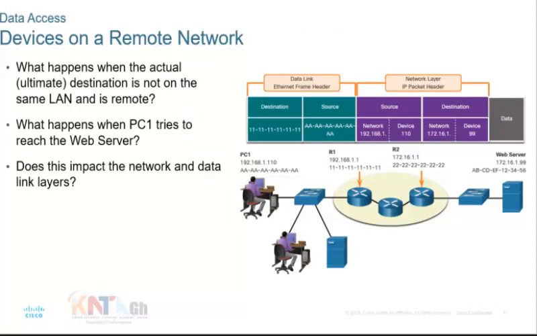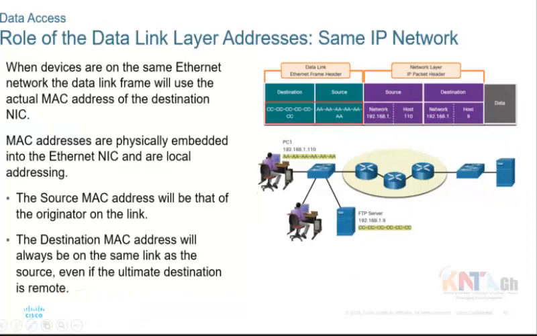Now, when we look at devices in a remote network, what happens when the ultimate destination is not on the same local area network and is remote? What happens when PC1 tries to reach the web server? Here, the source and destination MAC addresses, the PC1 and the destination, are all on the same network.